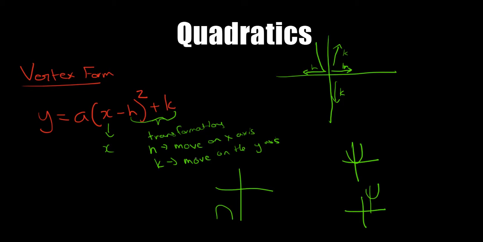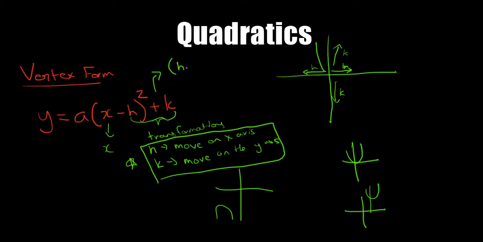This is something you should take note of, because teachers love to quiz you on this. They love to quiz me on this. So you should be familiar with what h and k do. And also, if you know that these two describe your transformations, then in the end, the point (h, k) has to be your new vertex.